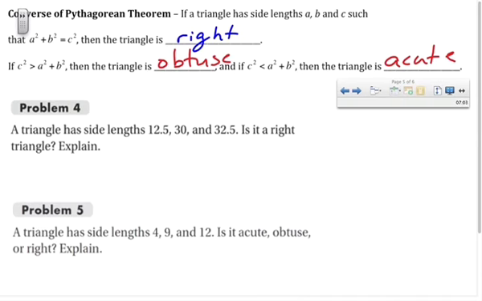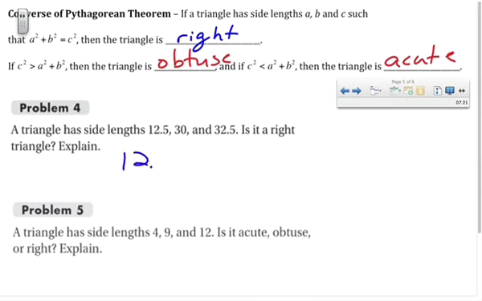So in problem 4, I have a triangle with those side lengths. I'm being asked, is this a right triangle? What you're being asked, ladies and gentlemen, is, does a squared plus b squared, in fact, equal c squared?